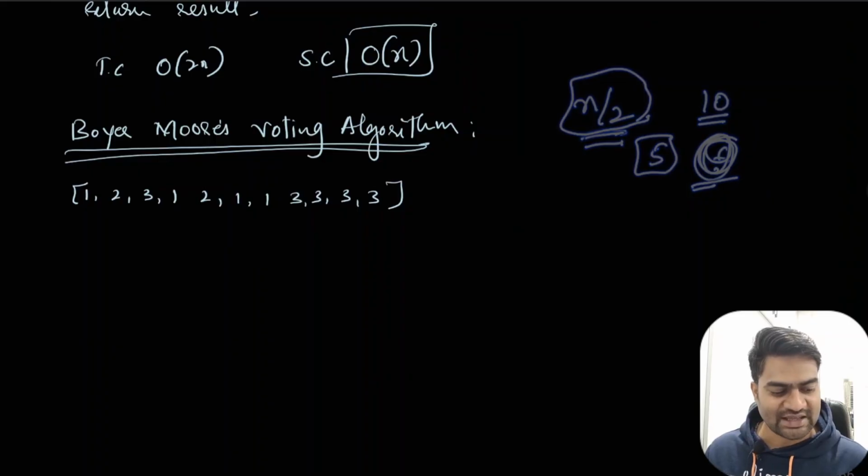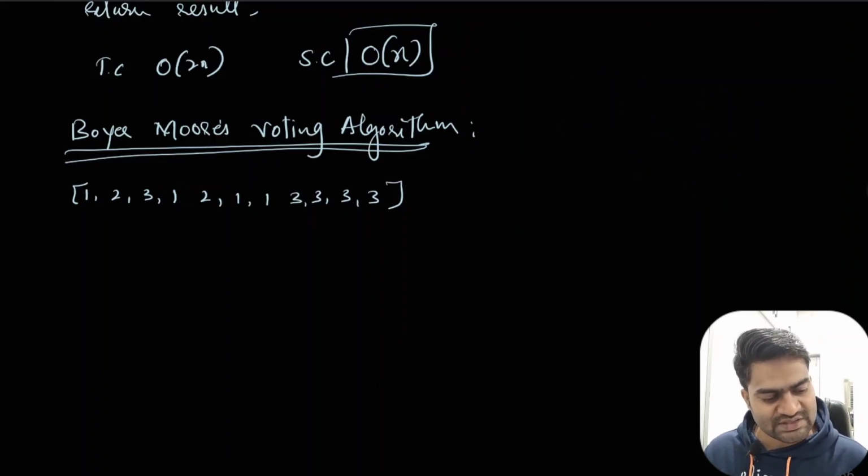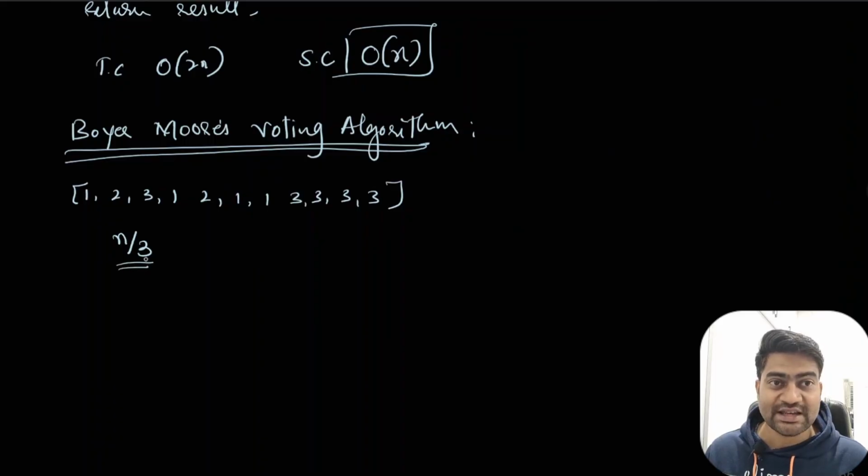In a similar case, if you see this particular problem here, there will be candidates, plural, because if a particular candidate gets more than n by 3 votes, then he is considered a winner according to this problem.